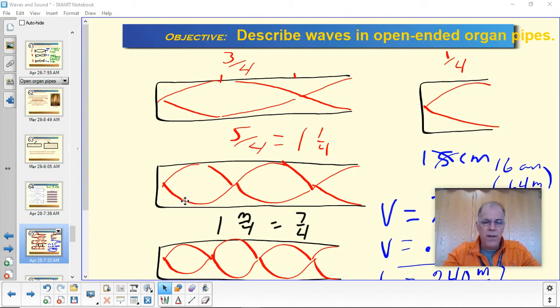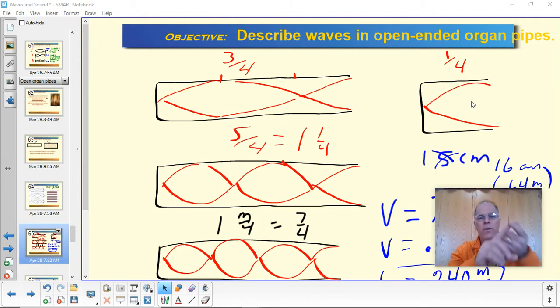This right here, from here to here, is one full waveform. So that's one wavelength, and then we have 1/4 more of a wave. So this is 5/4 of a wave. So the pattern here is 1/4, 3/4, 5/4, 7/4, 9/4, and so on. So it still goes up by half wavelength intervals, but it starts at 1/4 of a wavelength.